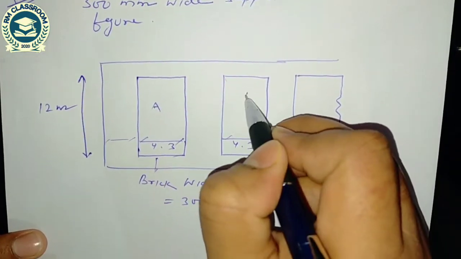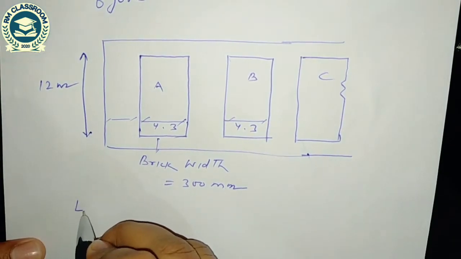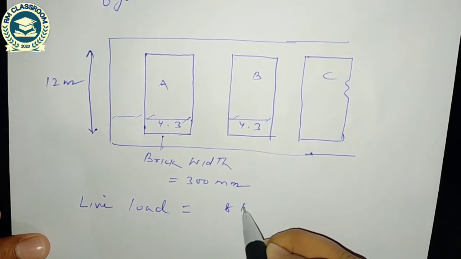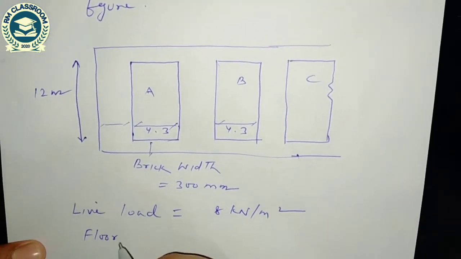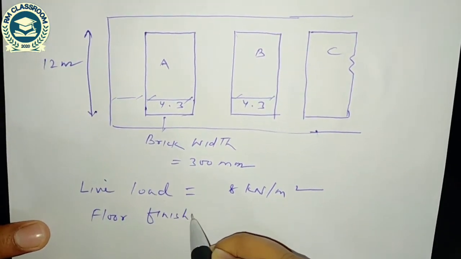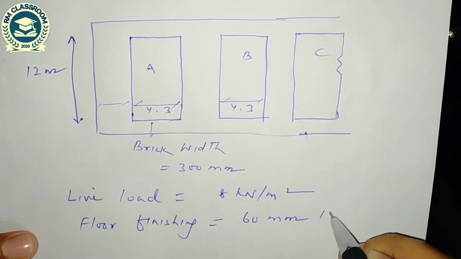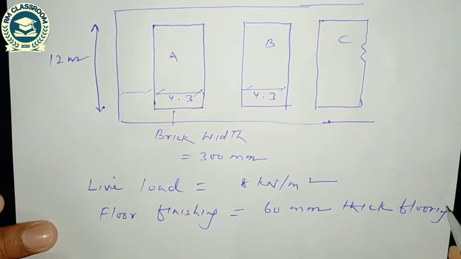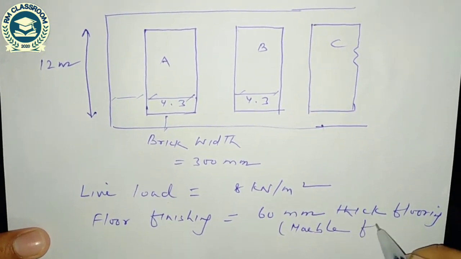Let us take A, B, C. Live load is given as 8 kilonewton per meter square. Floor finishing is 60 mm thick flooring, and it is given as marble flooring.